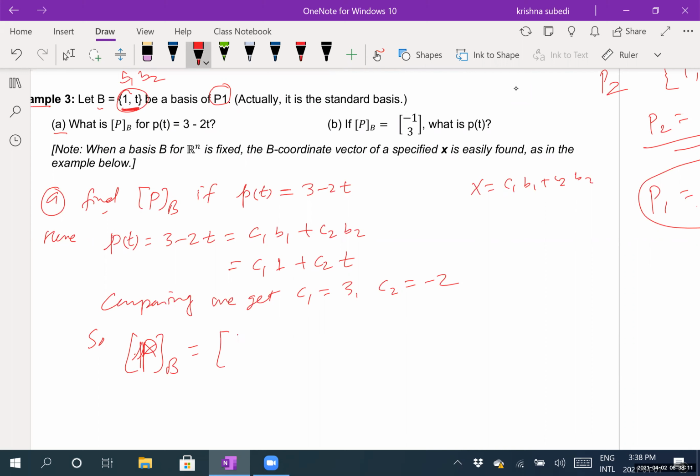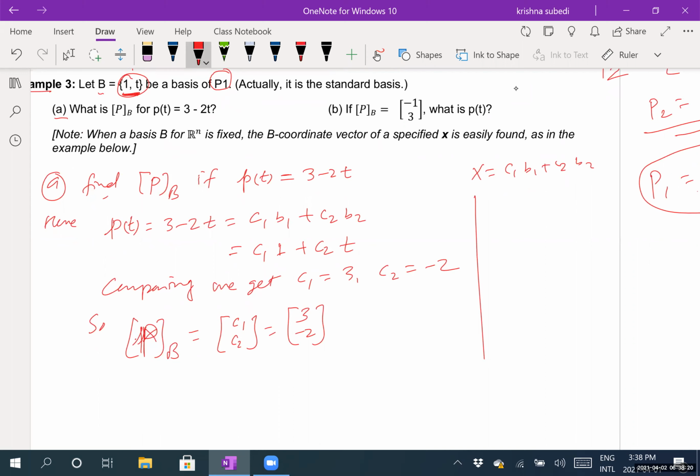By definition, this means the C1 and C2, which is 3 and -2. That's it. Now from now onwards, if you are given a polynomial, let's say P of t equals 3 plus 4t plus 5t squared, then if you want to write B coordinate of P, all you need to do is just the constant, just the scalar, 3, 4, 5. That is the B coordinate of P.